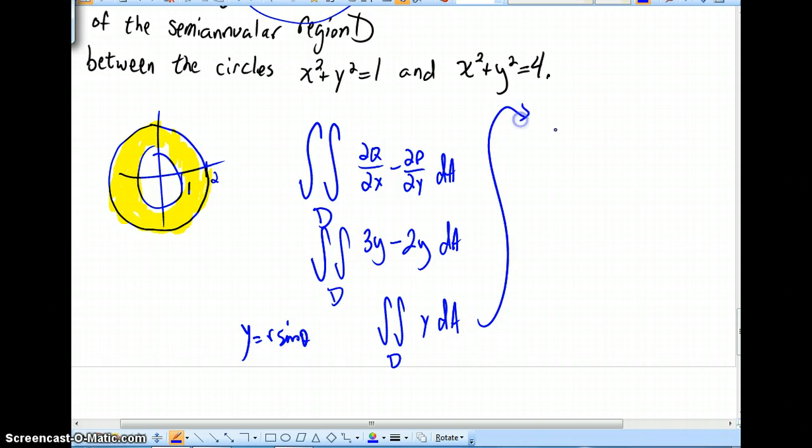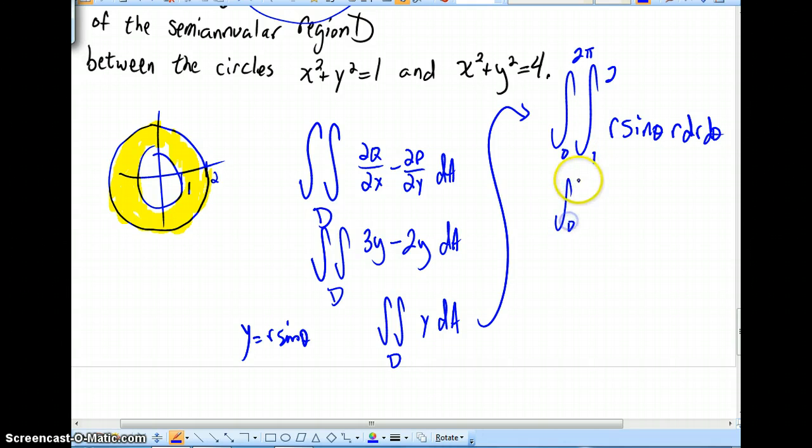So continuing up here, we're going to have r sine of theta, but remember that dA is going to become r dr d theta. And our boundaries for r, well, we're going to be going between 1 and 2. How about for theta? Well, we'd be integrating between 0 and 2 pi.